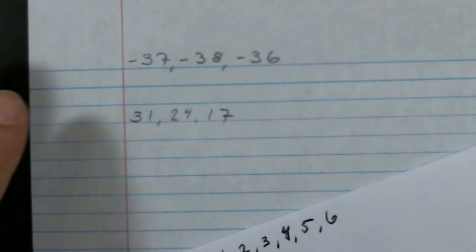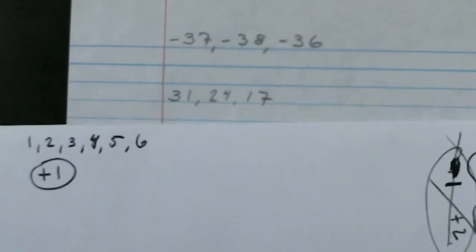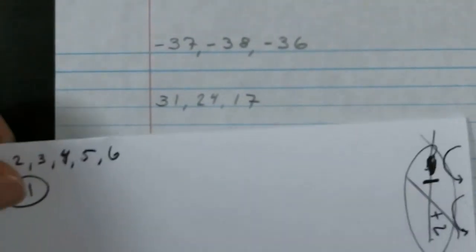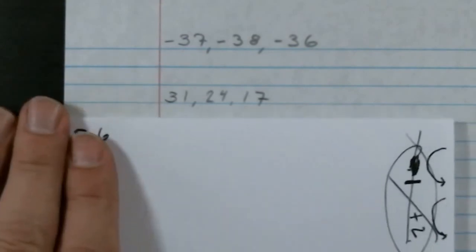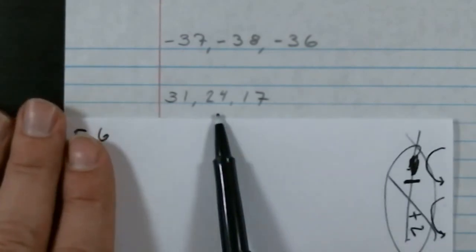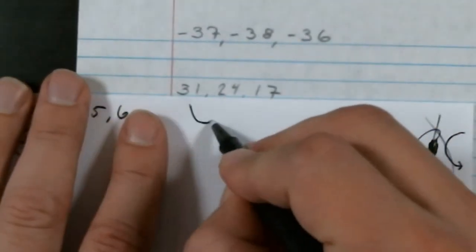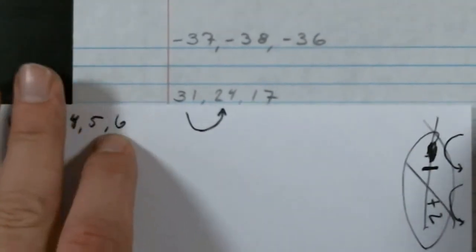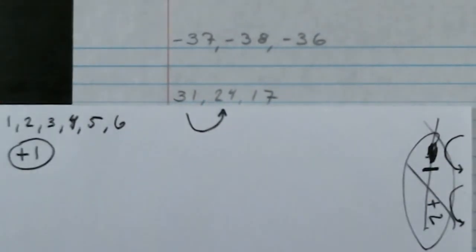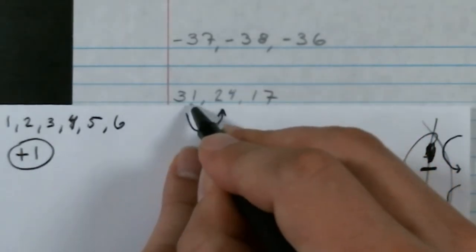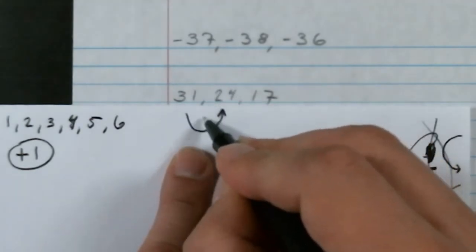Okay. So for the next one, we have 31 and 24. So let's see, 31 and 24. They kind of think of a pattern. You can use your fingers. That looks like 7, but down 7 because it's going down.